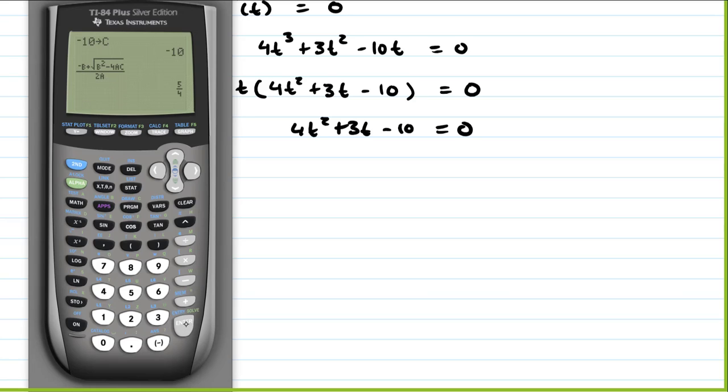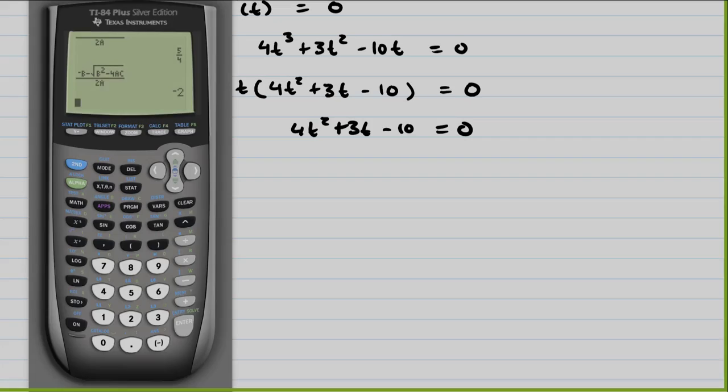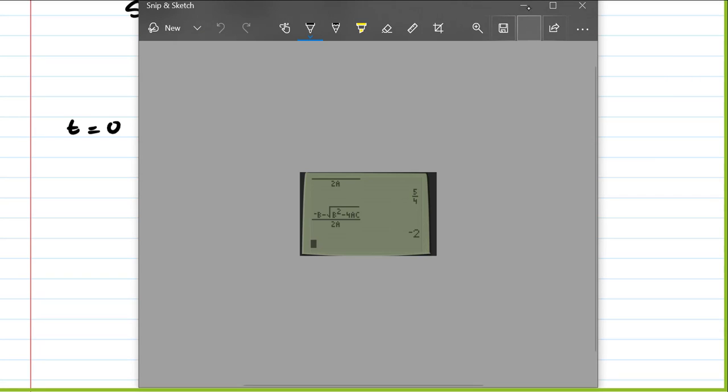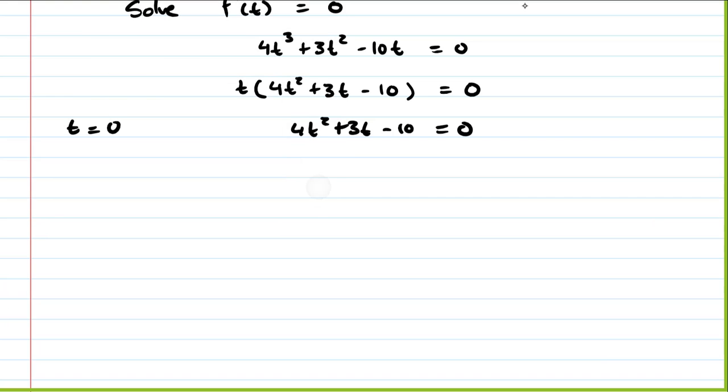And I hit enter, and I get 5/4, and then I press second enter to pull up what I typed on the previous line, and just go back and edit it, and change my plus to a minus, and hit enter. So then that gives me my two other critical numbers, which are 5/4 and negative 2.